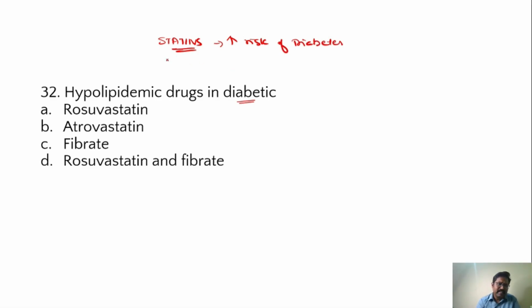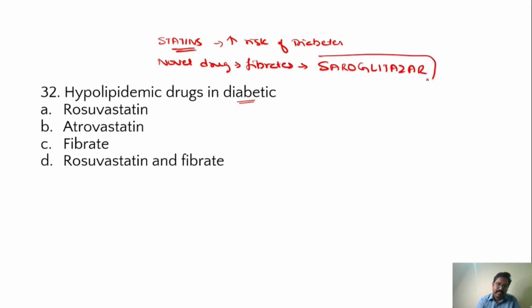But there is one novel drug from the fibrates, that is saroglitazar. Please remember, it is saroglitazar, a novel drug which belongs to the fibrates.